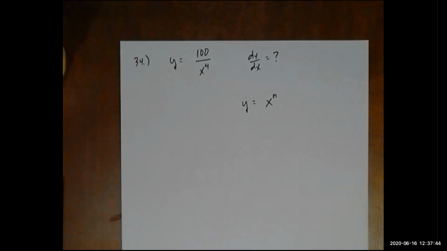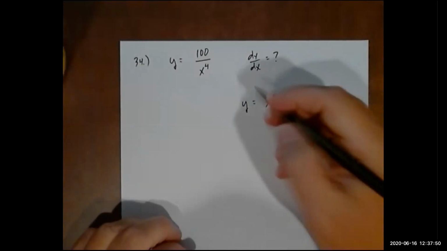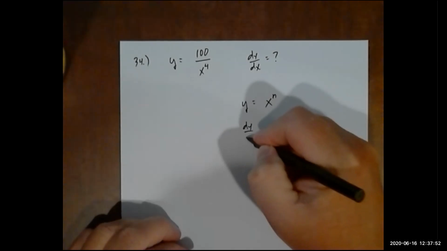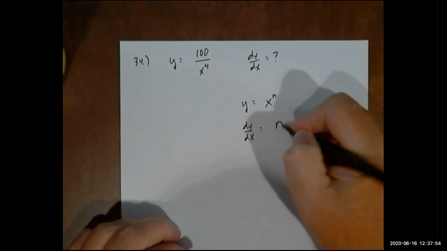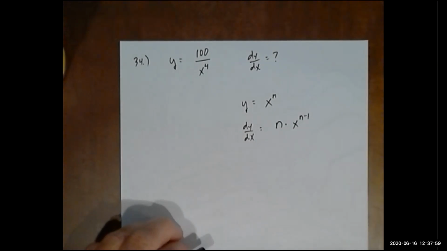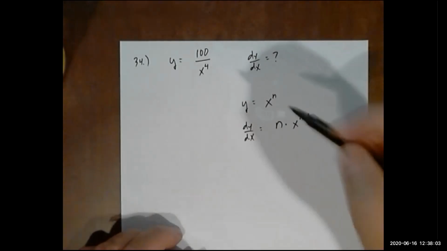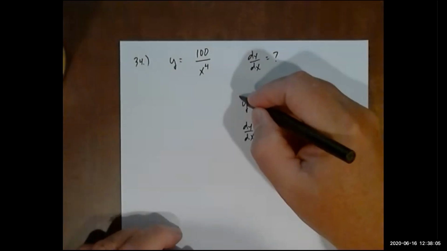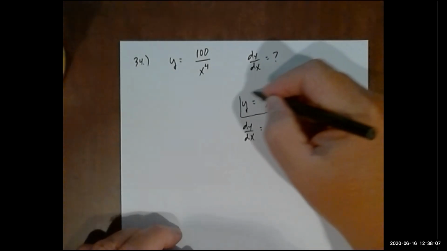The number could be a fraction, decimal, positive, negative, doesn't matter. It's just going to be a number. And we know how to take the derivative of this: you bring the n down and you subtract 1.